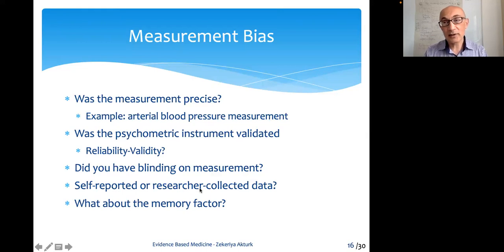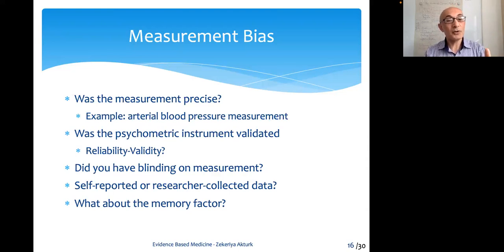Self-reported and researcher-collected data might also reveal different results. If you administer a questionnaire, if you do blood pressure measurement, any measurement might be different if the participant does it by himself or if it is performed by scientists. If I do the blood pressure measurement in my office with my white coat, it will be a little bit higher than if the patient measures his or her own blood pressure at home.